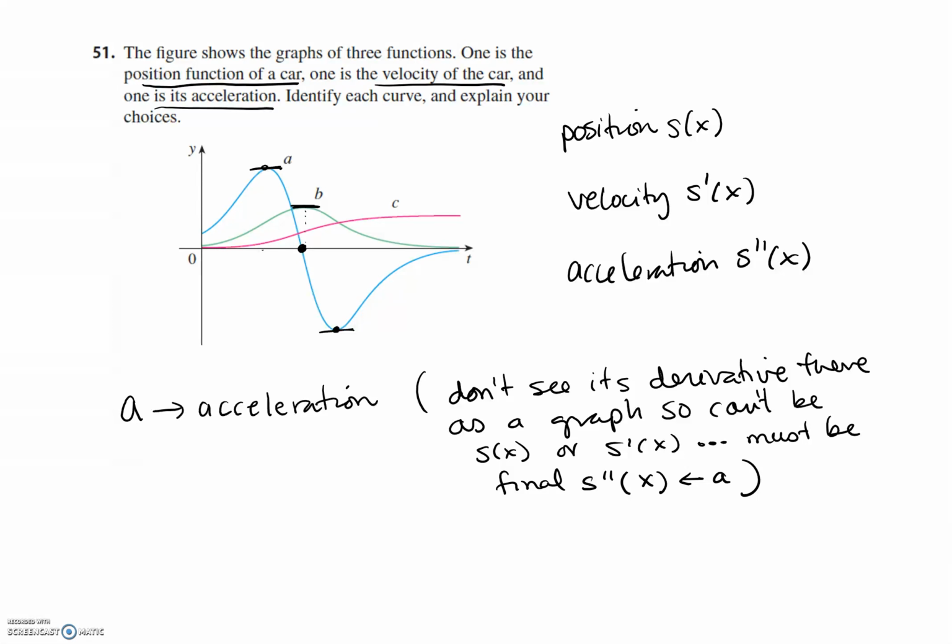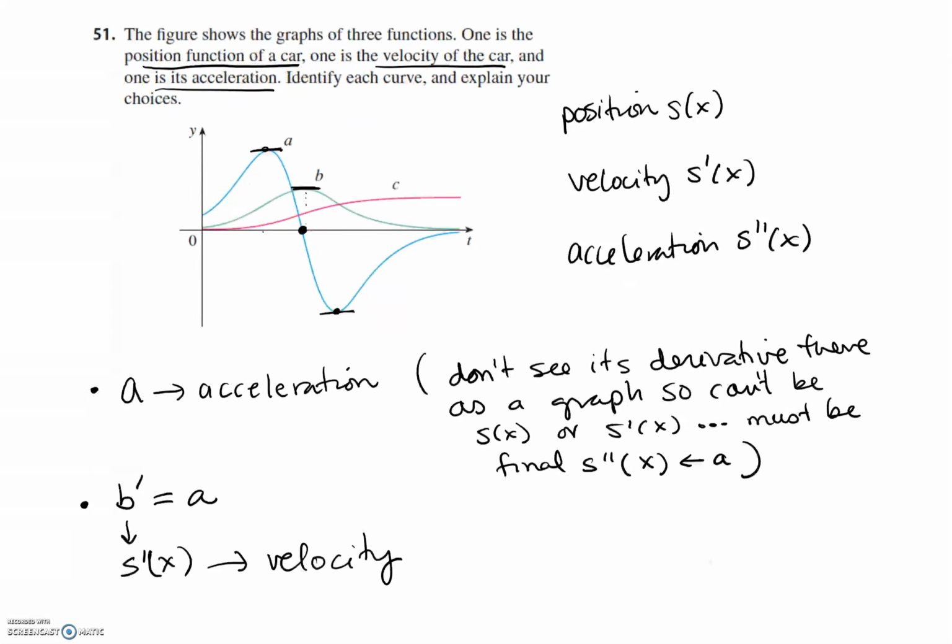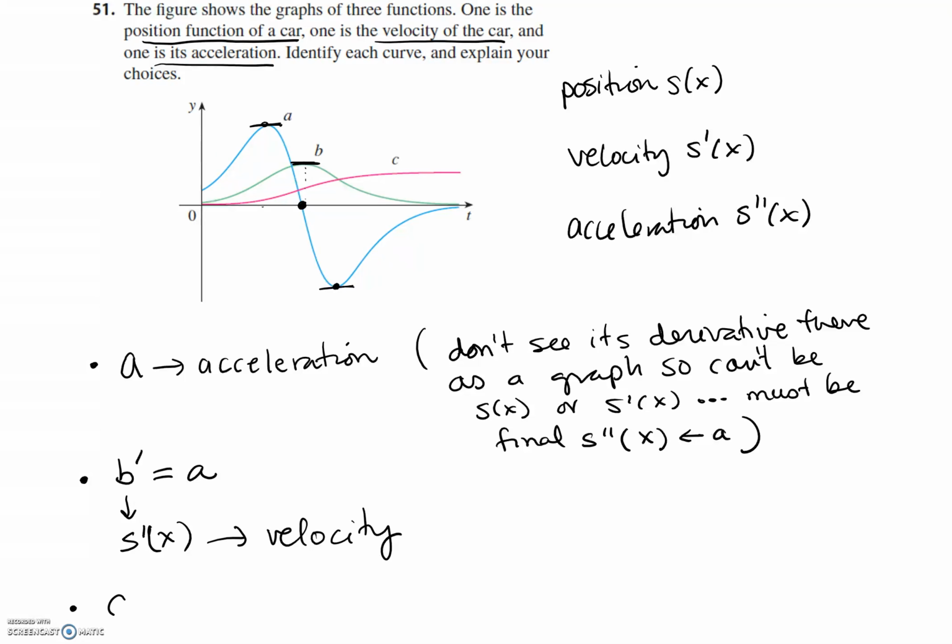So it looks like A must be the derivative of B, because also when I have B have positive slopes, A is positive, and when I have B have negative slopes, A is negative. So if B prime is A, then we must have that B is the velocity function, which means that leaves us as C being the position function.